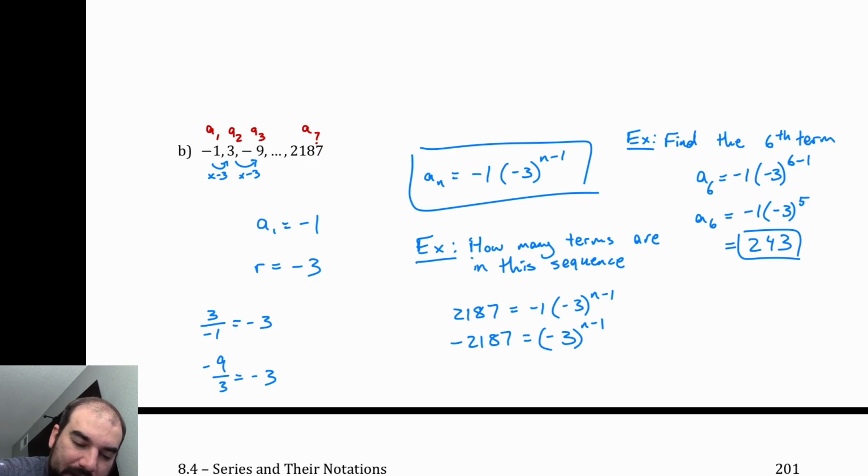And let's use natural log, because I like that idea. So if I throw a natural log onto both sides, I get the natural log of -2187. That's fine, and then the exponent will come to the front: n minus 1 times natural log of -3.